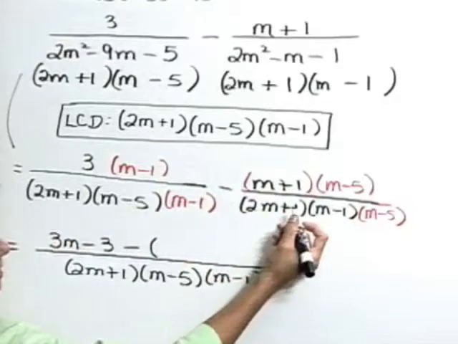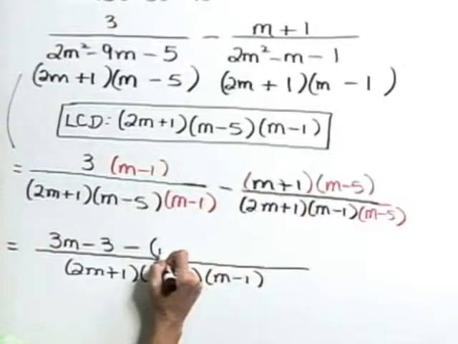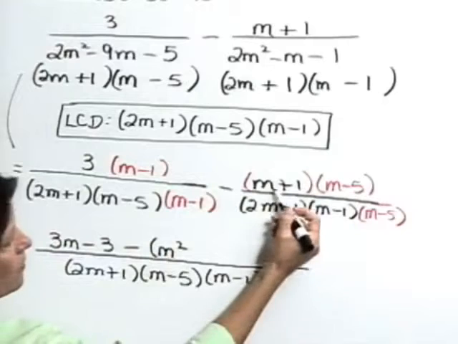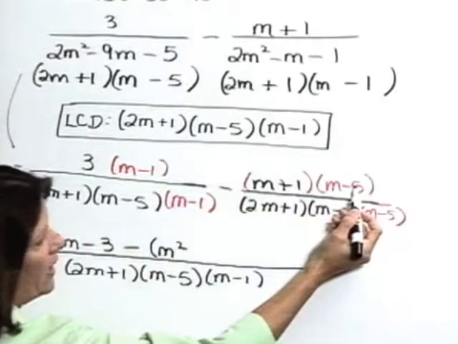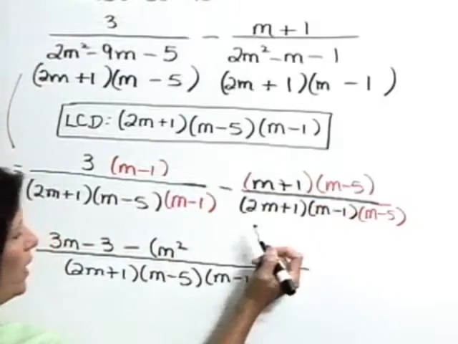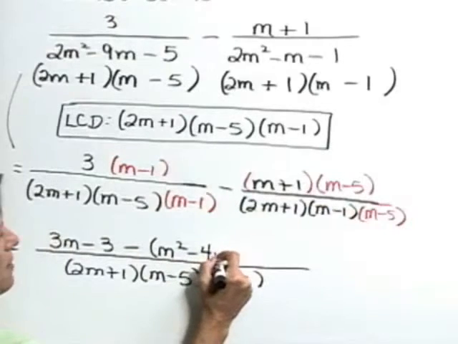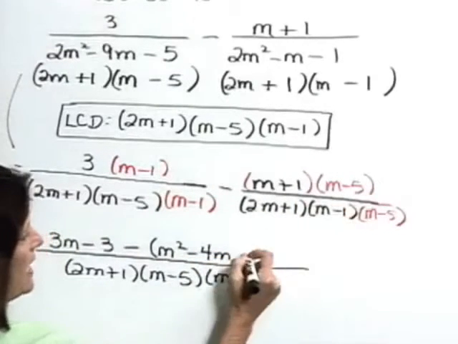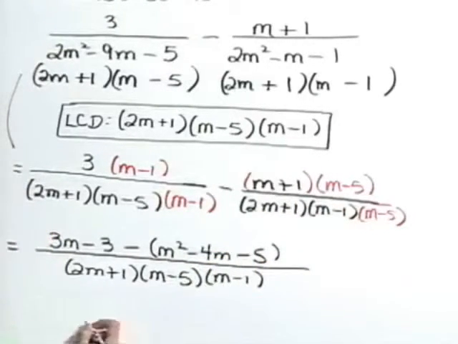Let's FOIL this numerator, getting m squared, outer product minus 5m, inner product plus 1m gives a minus 4m, and lastly a minus 5.